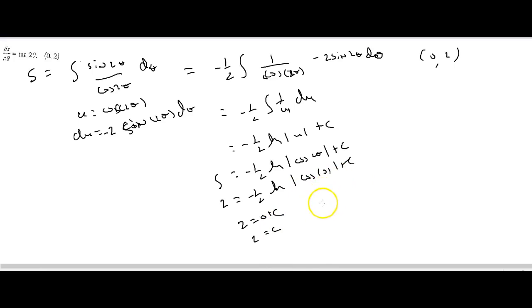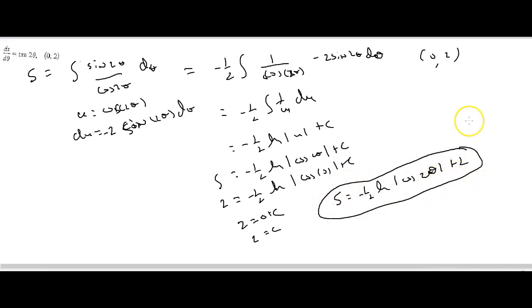So my final equation would be s equals negative 1/2 ln absolute value of cosine 2 theta plus 2. All right, so that's my differential equation for that problem.